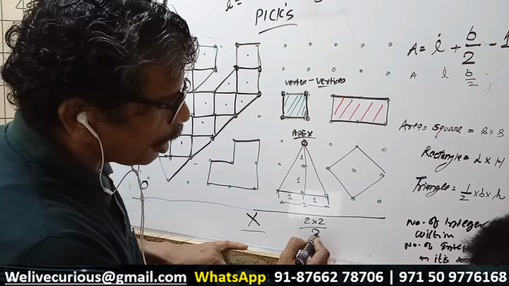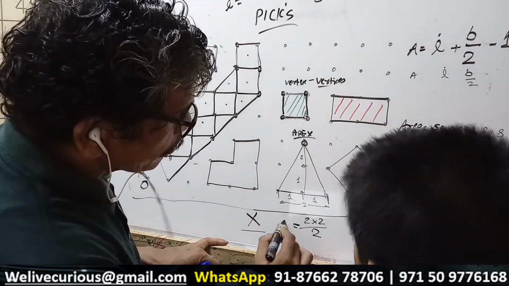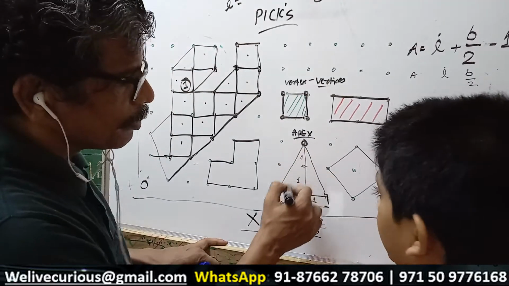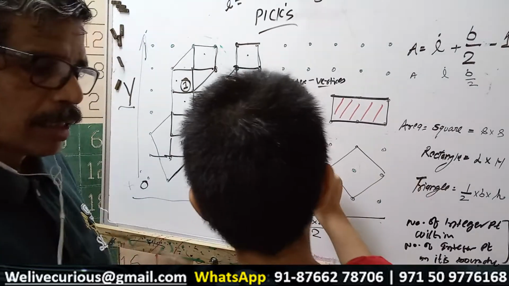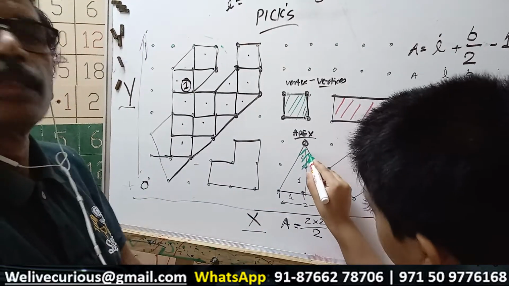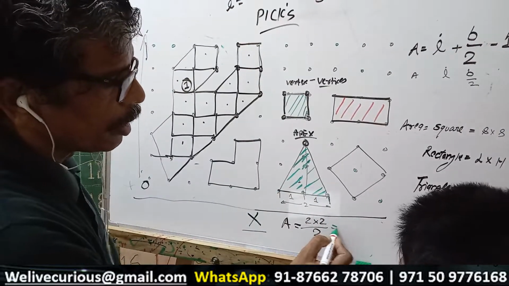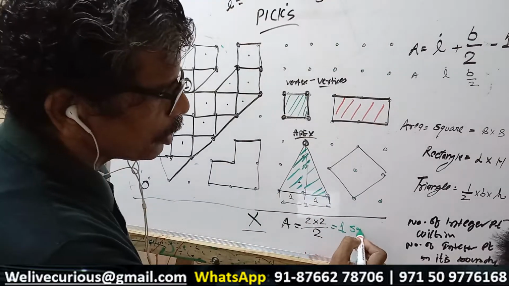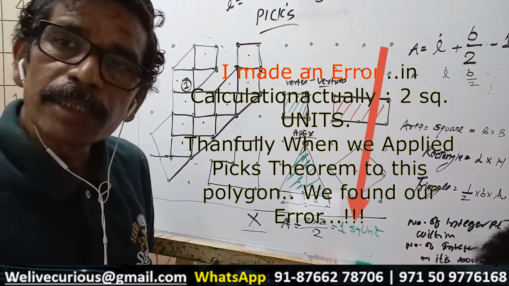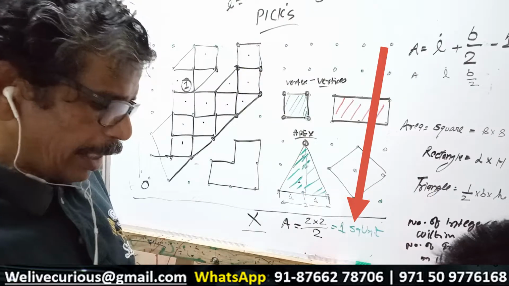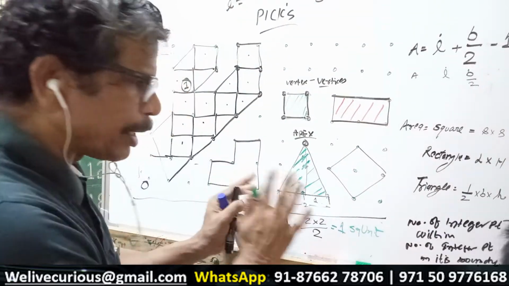Make it half. This is the area of this triangle. Can you hatch it, please? I will hatch it for you. This area is 1 square unit. Do you get it? This is how we calculate the very basic area without any theorem, nothing. This is the very basic thing.